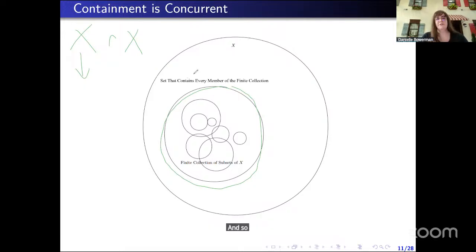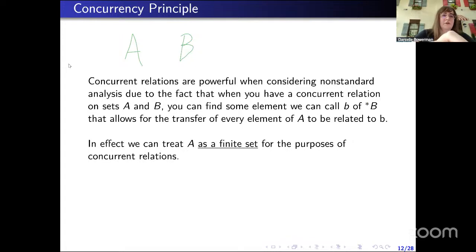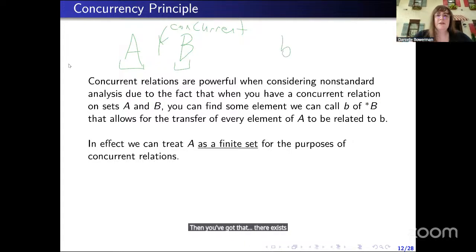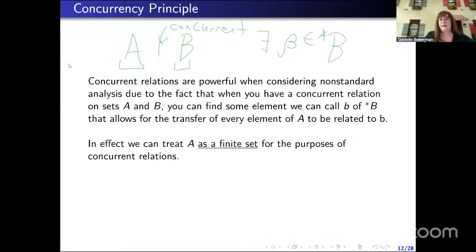And so the concurrency principle then uses this in a pretty powerful way. When you've got a concurrent relation between A and B, so R is concurrent in this case, then there exists some beta in star B such that every element of A is covered by beta.